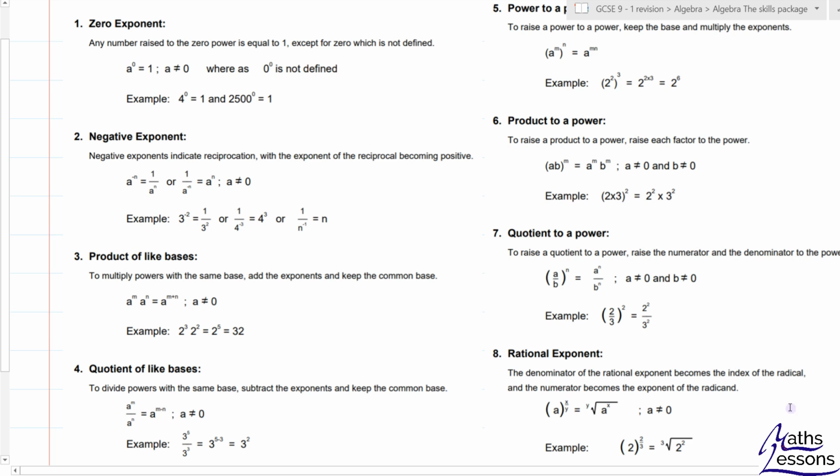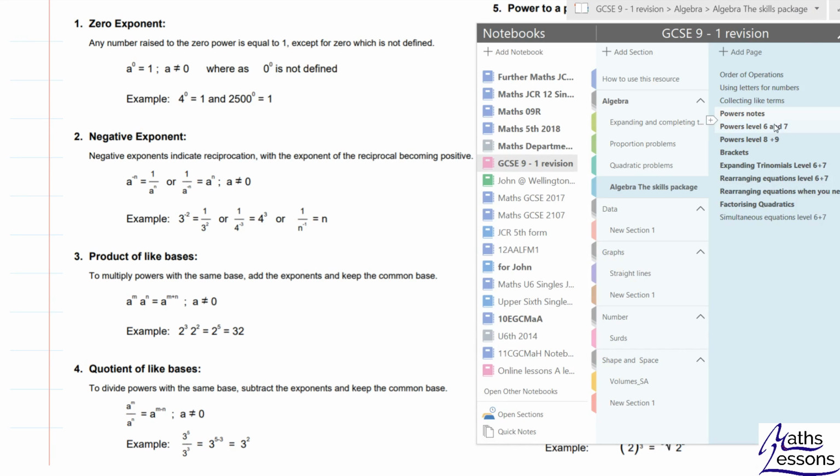And a fraction, if you've got a power that is a fraction, what it means is the top of the fraction is the power we raise it to, and the bottom of the fraction is the root. Okay, so you can see here 2 to the 2/3 means we raise 2 to the power of 2 and cube root it. Anyway, let's just practice some of these.